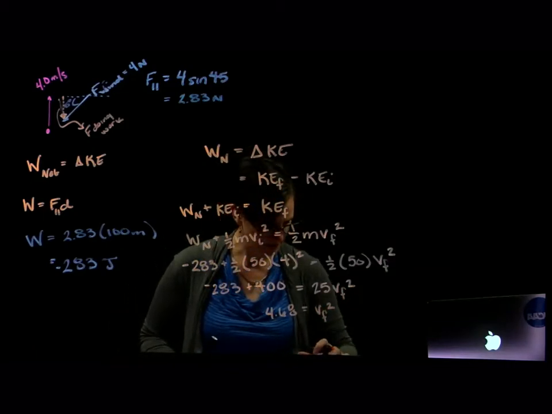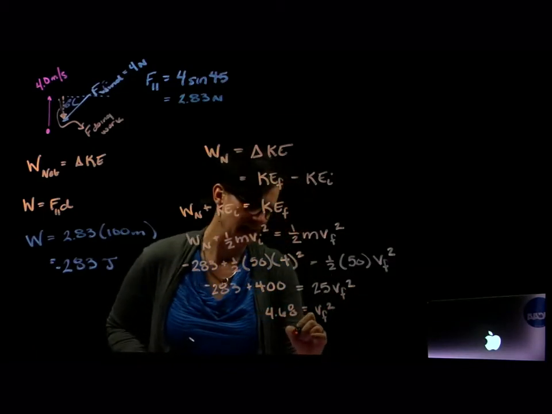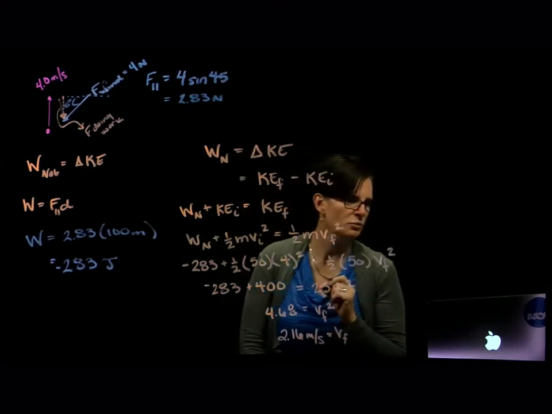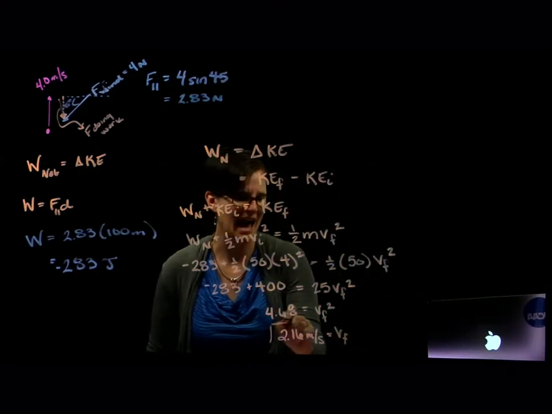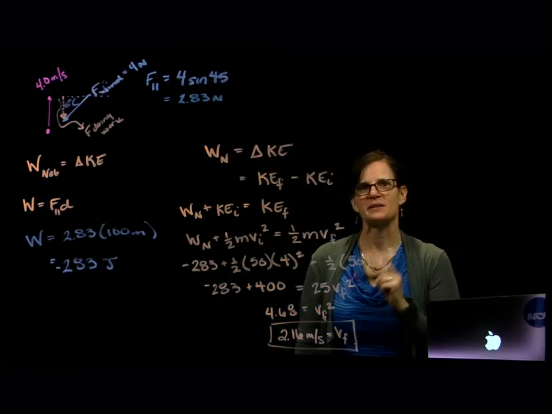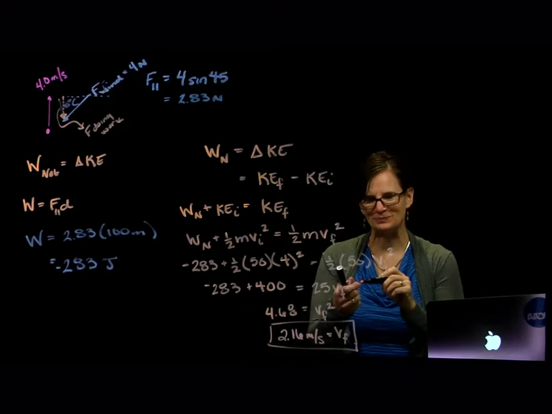And when I take the square root of that, we see that v final is 2.16 meters per second. So 2.16 meters per second after that skater experiences the wind for 100 meters.